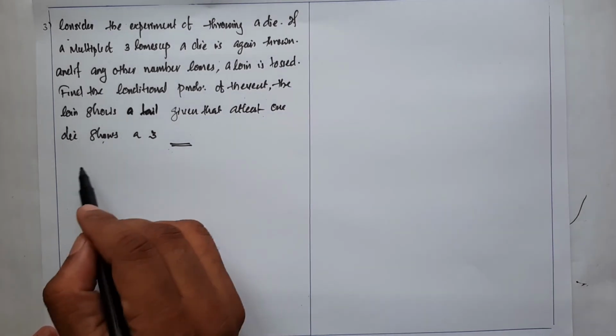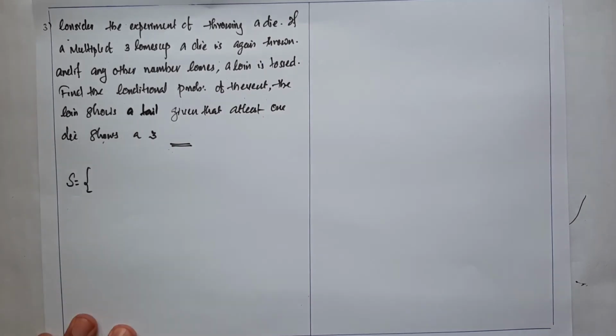First of all, we form the sample space. When a die is thrown, if a multiple of 3 comes up, a die is thrown again.